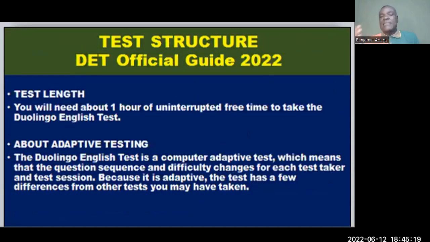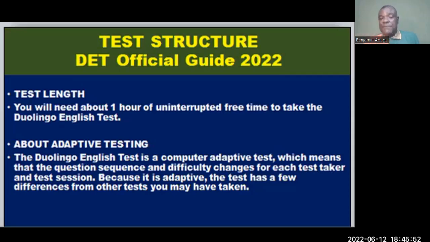Now, let's look at the test structure. This is what we find in the Duolingo English Test Official Guide 2022. The length of the test is usually 1 hour. So you need 1 hour of uninterrupted free time to take this Duolingo English test. Take note that the first 5 minutes is for going through the rules and requirements of the test.